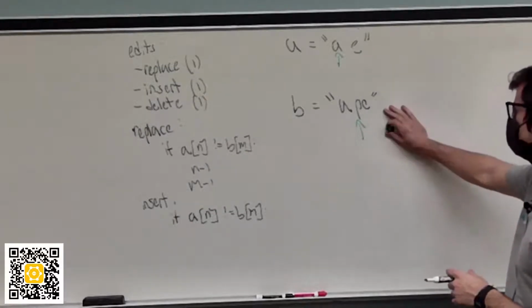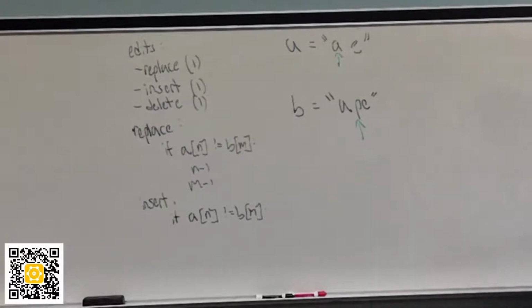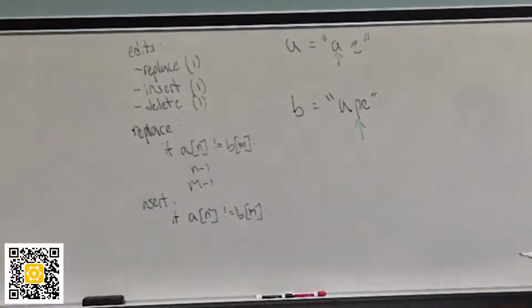We don't know if we want to insert something here or here. And we don't know if we want to delete something here or here. No. But we're only changing D. We're never going to change D. It's always going to be insert, delete, and D. Never D.